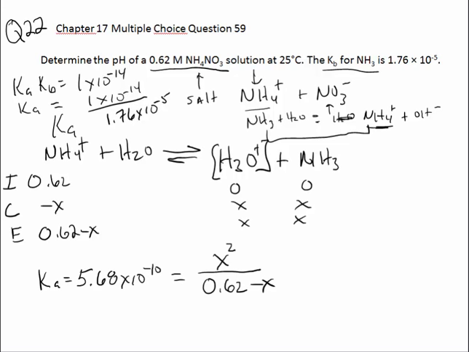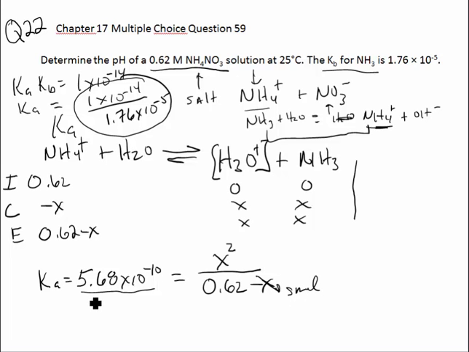And then I'll write, so I jumped ahead and I wrote out our ICE table, then wrote the equilibrium expression. This is the Ka that comes from up here. So now just doing the arithmetic, this is a very small equilibrium constant, so that's small.